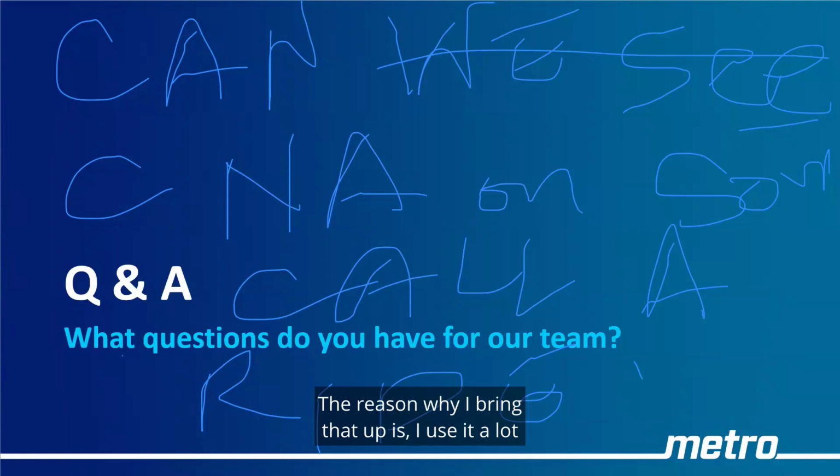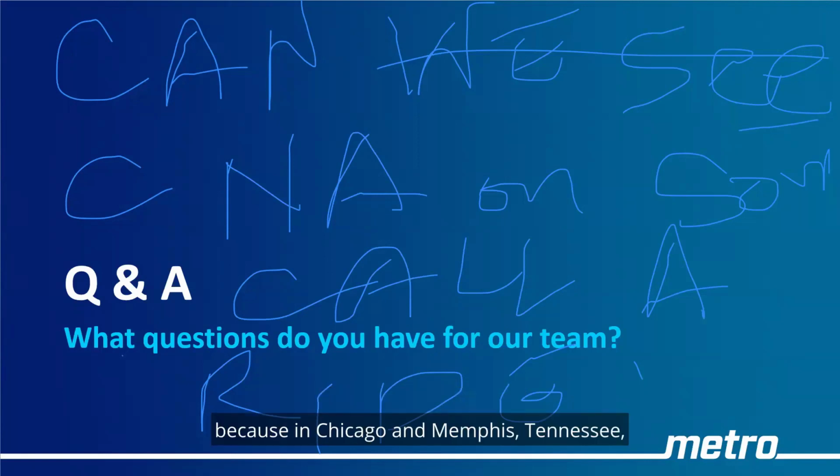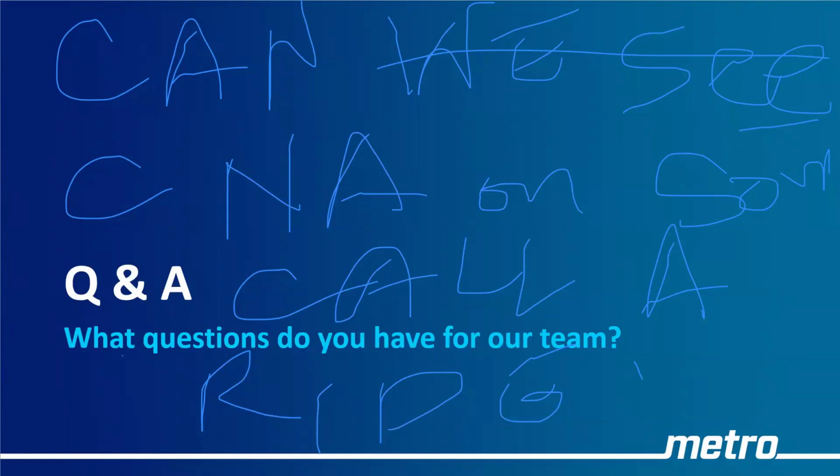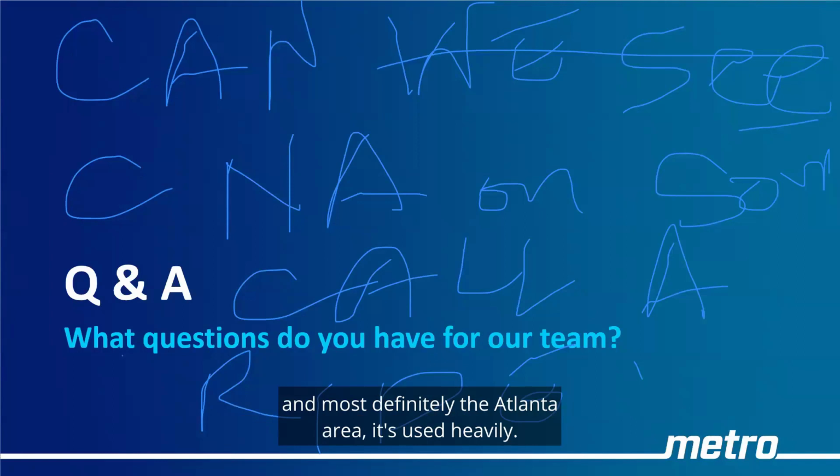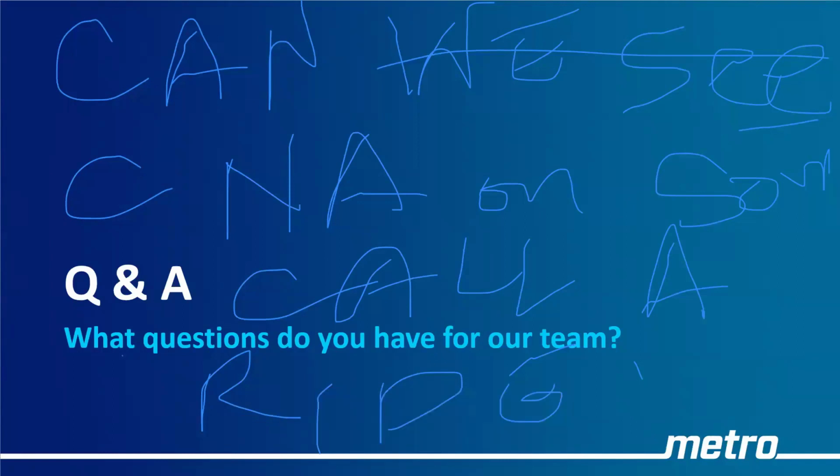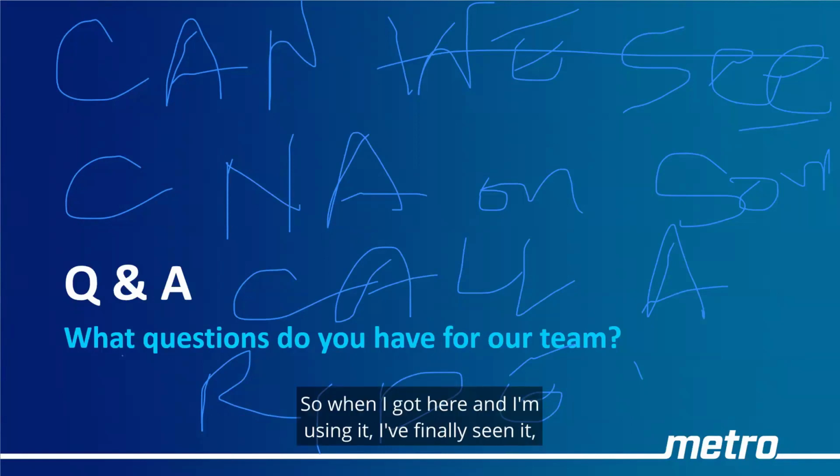The reason why I bring that up is I use it a lot because in Chicago and Memphis, Tennessee, and most definitely the Atlanta area, it's used heavily. I mean, they use it so much. So I'm used to it. So when I got here and I'm using it, I finally saw it.